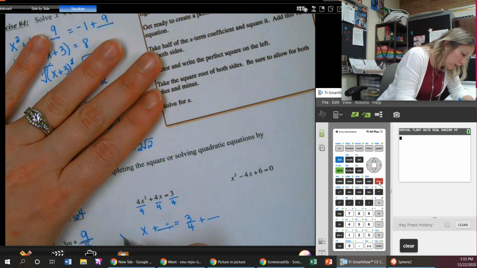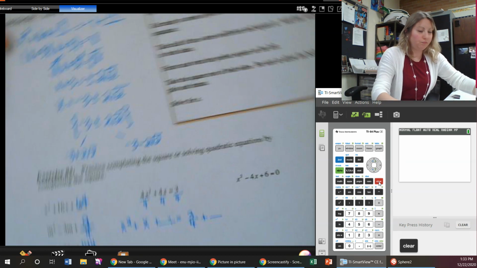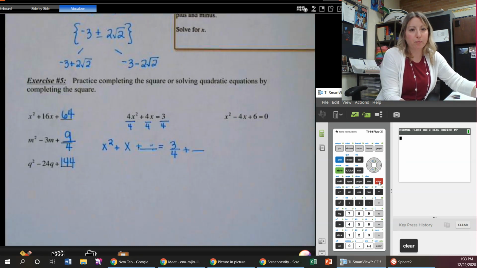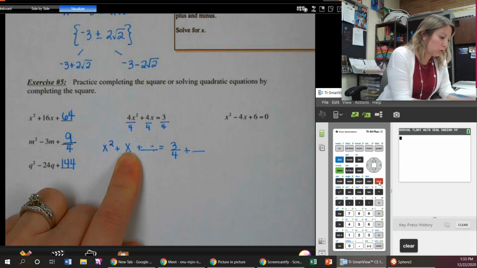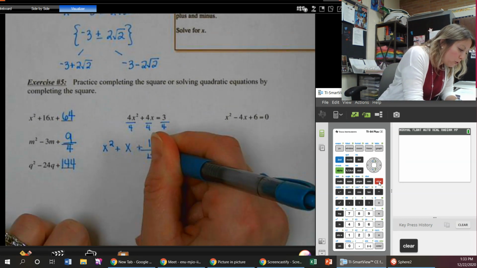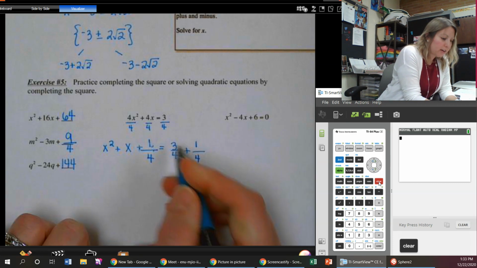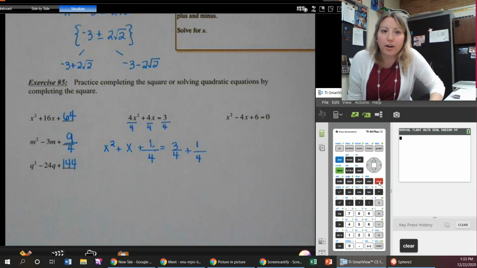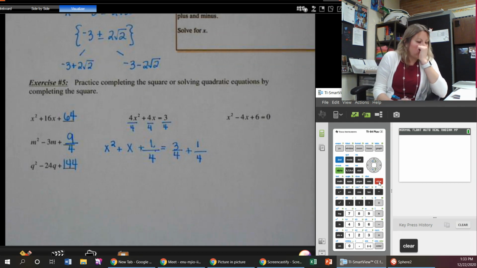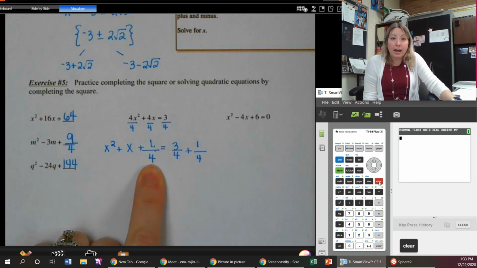And we'll put our x squared over here. Sorry about that. Didn't leave room for my plus blank. Now this is a 1, right? So 1 squared is 1 over 4. That ends up being 2 numbers over 4 that I can add their numerators. That's what I had to add to both sides.